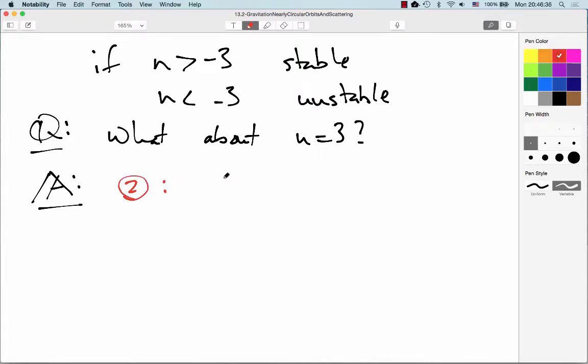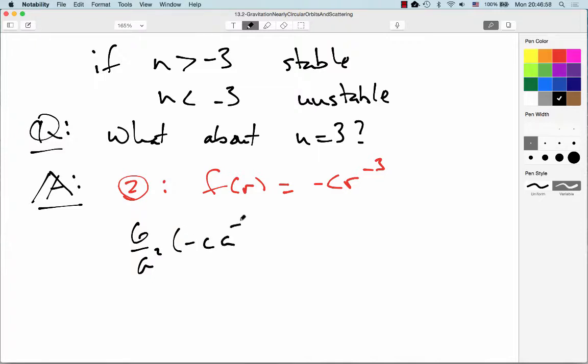And at this point, we can just write our f of r directly as minus c r to the negative 3, because we've already treated all other possible cases. So our term 2, the thing inside the brackets, is going to evaluate to 6 over a squared times negative c a to the negative 3, minus 1/2 times negative 12 c a to the negative 5.